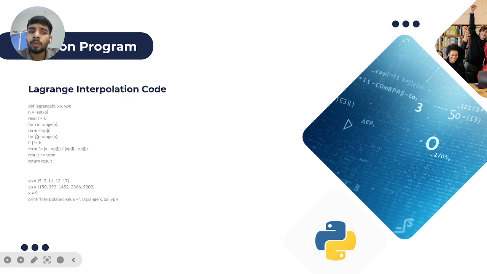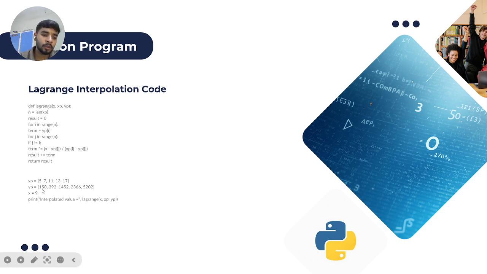Now start a for loop for i in range of n, with term equal to yp[i], and inside that we start another for loop for j in range n. If j is not equal to i, then term equals term times (x minus xp[j]) divided by (xp[i] minus xp[j]). Result plus equals term, and we return the result.